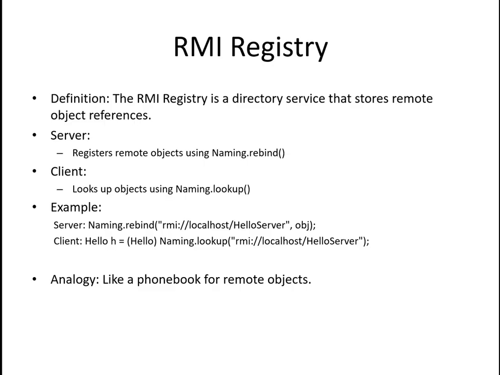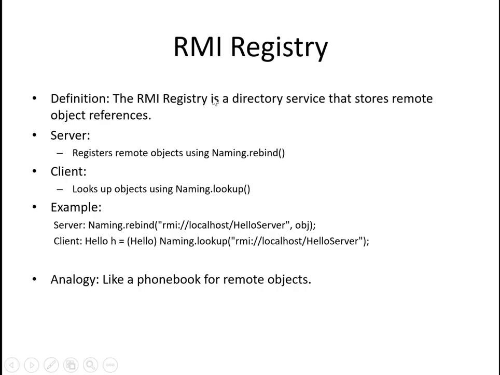That is like a registry. When you want to call your friend, you search for the friend's name, and once you find it, you can call your friend. That is similar to the RMI registry.